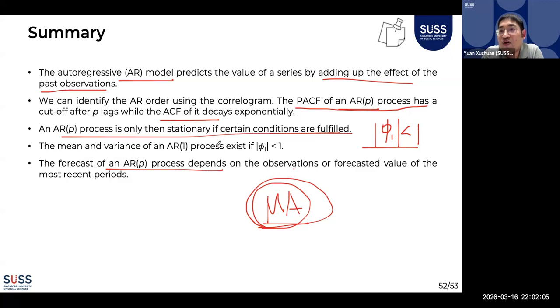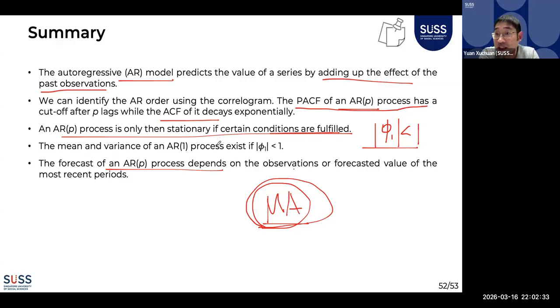So you need to remove the trend, remove seasonality, and remove cycles, using differencing or log transformation. Then you have a stationary time series, and you use the AR model or MA model to fit the time series. Then you do a residual analysis to check whether the fitted model is good or not.